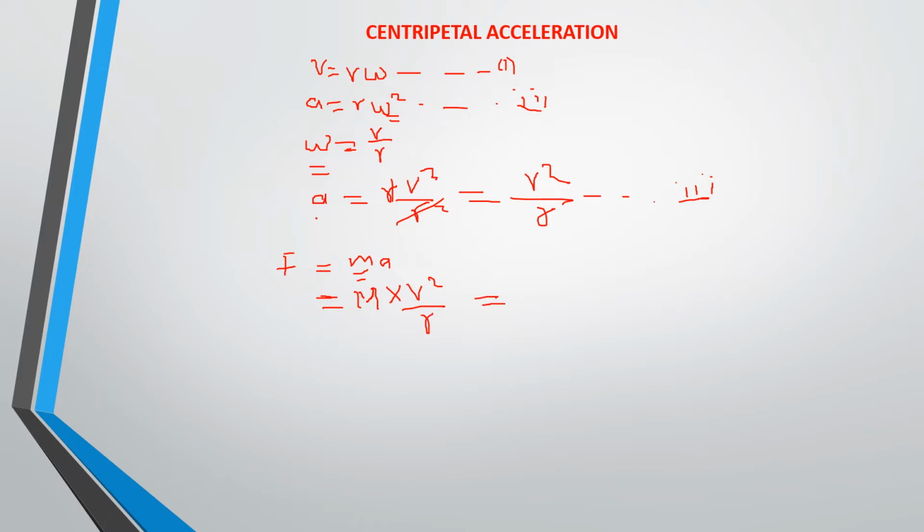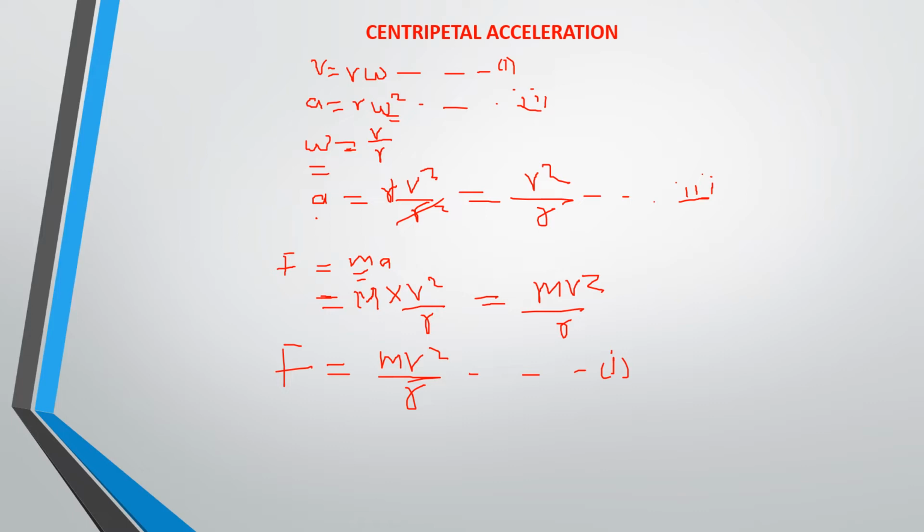So you can write it as m v squared all over r. So this is your centripetal force, and this is the force that is directed inwards to keep the body in the circular path.